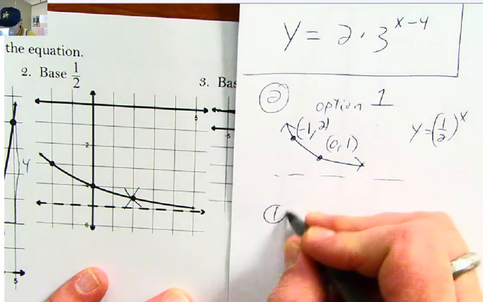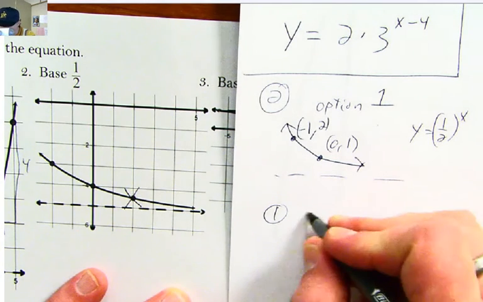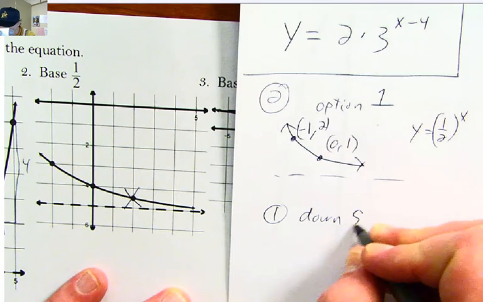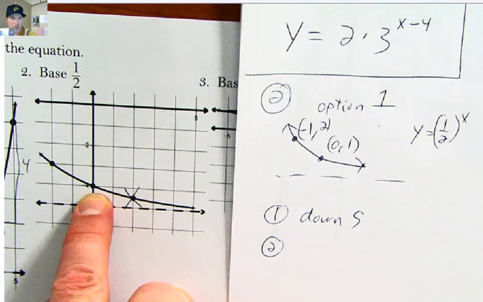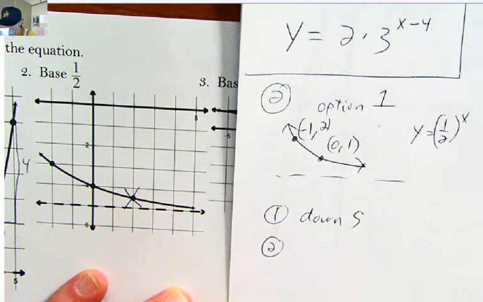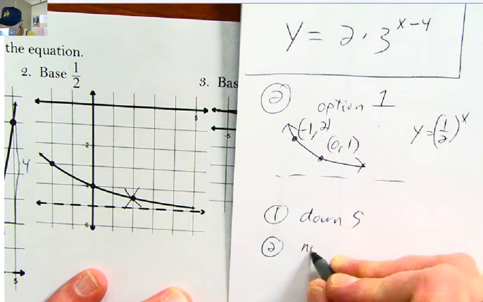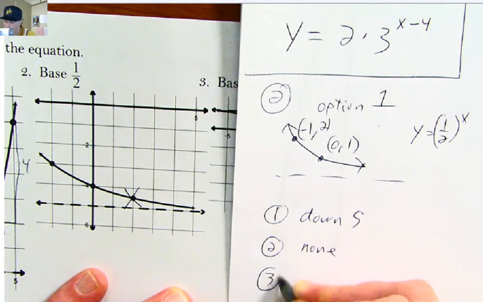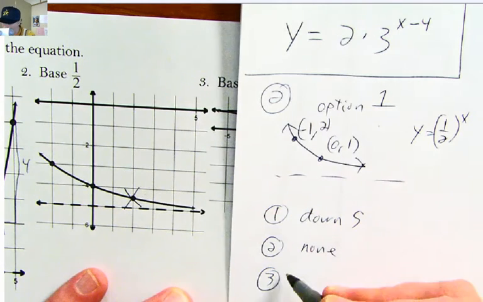Number 1, I noticed that this asymptote is at y equals -5, so it's going down 5. 2, horizontal. My 0, 1 point is on a 0, not a concern, so it's not going left or right. Number 3, look. I am used to a decay graph having this look. None. No reflections.